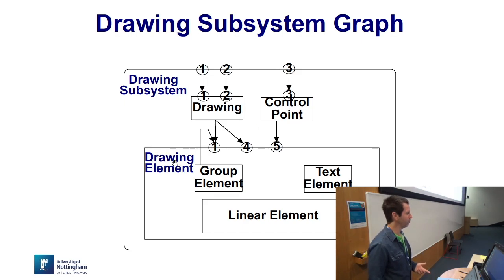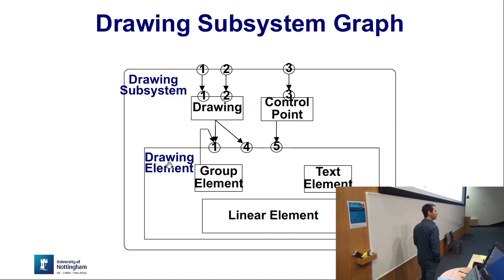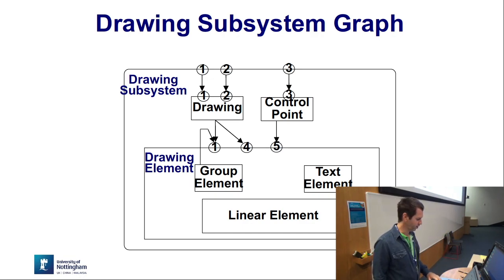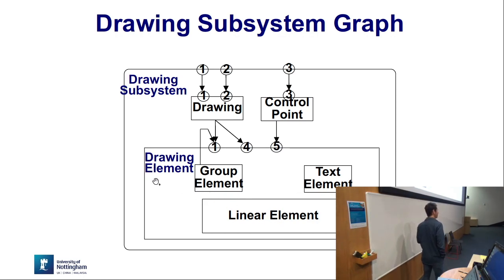So that's a little bit confusing because now we've transformed the class hierarchies into this other notation, this nested notation. Remember, drawing element, group element is a kind of drawing element, text element is a kind of drawing element, and we had linear element as a kind of drawing element. A bit confusing there.